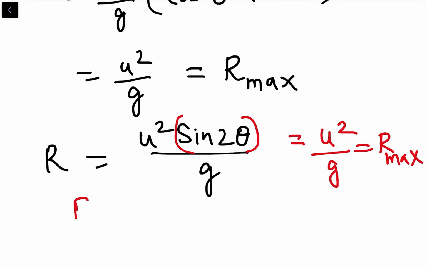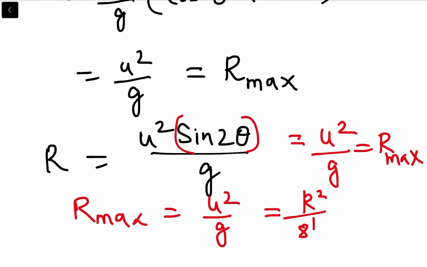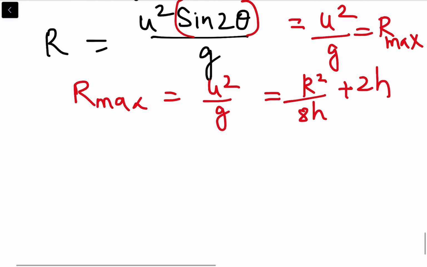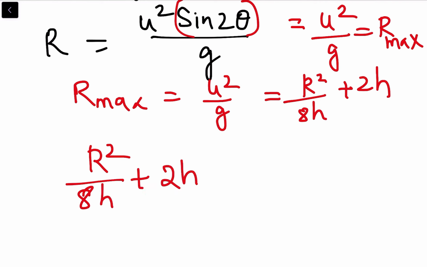So finally, we have shown that R max is equal to u square by g, which is nothing but r square by 8h plus 2h. This is what they asked us to prove. They asked us to prove that r square by 8h plus 2h is equal to R max.